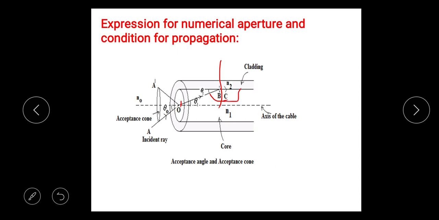If you apply Snell's law at O, we have to consider two refractive indices N0 and N1. N0 sin theta naught is equal to N1 sin theta 1. At B, N1 sin of 90 minus theta 1 is equal to N2 sin 90.